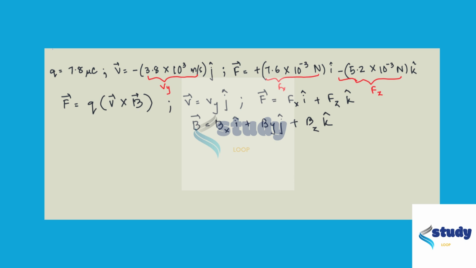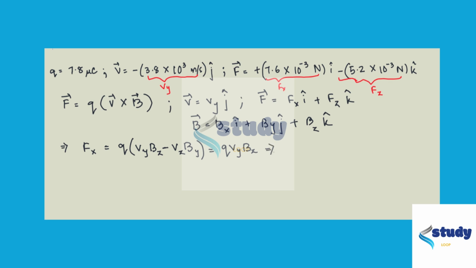So now, when we do the cross product, we see that Fx will be given by q times (Vy Bz minus Vz By), and Vz is 0, so this value will just be q times Vy Bz.